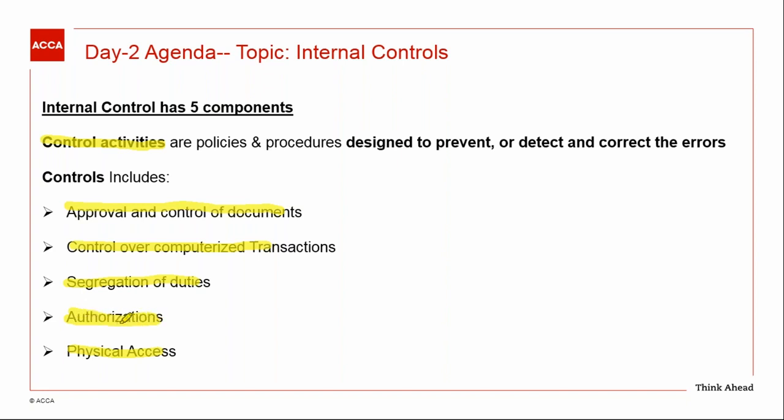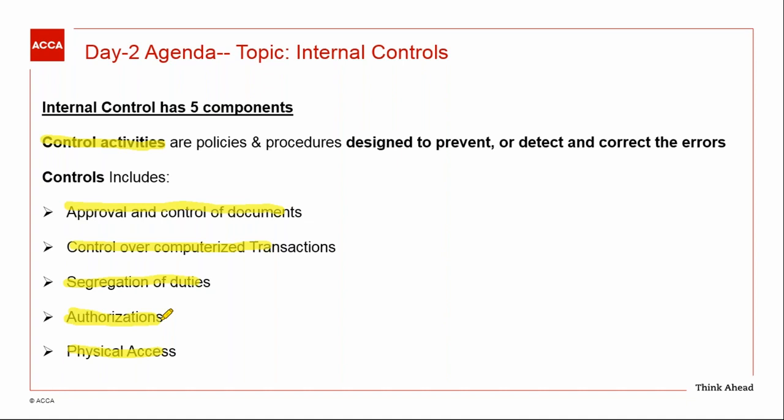So we have authorized that security guard. Control activities help us in achieving the control objectives. Now, don't worry if you do not understand, I'm giving you one more example.